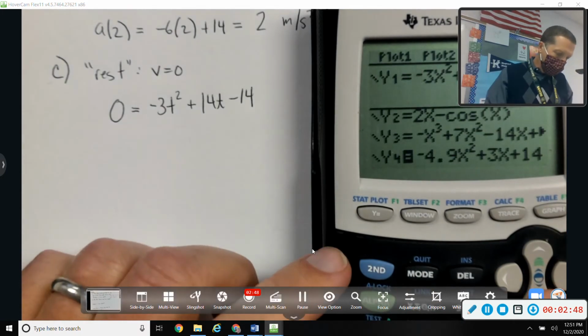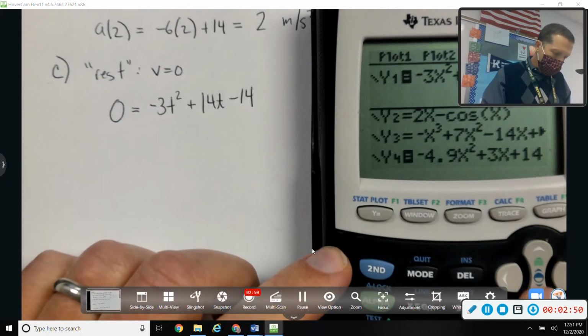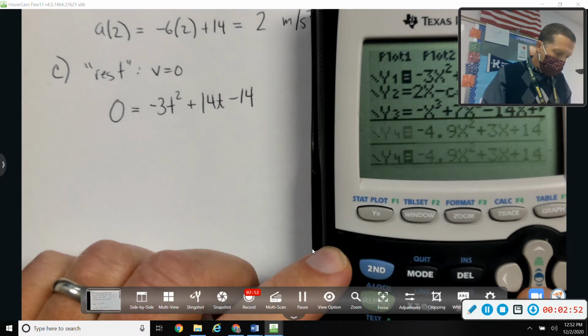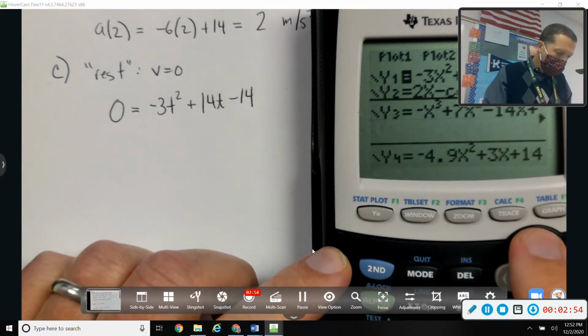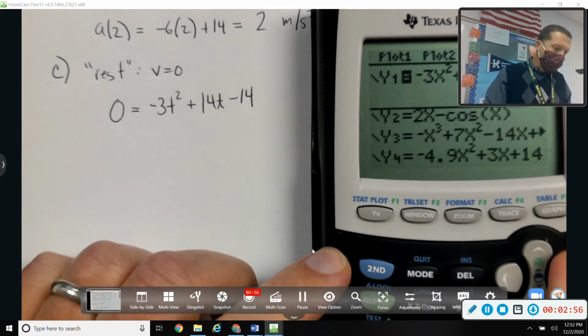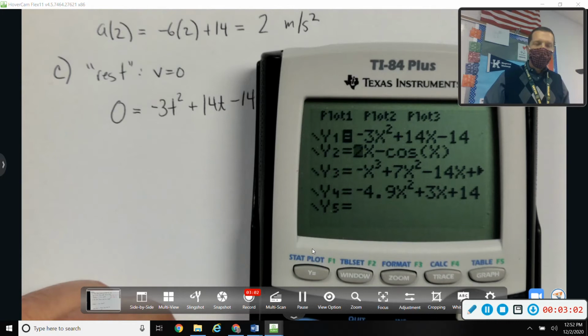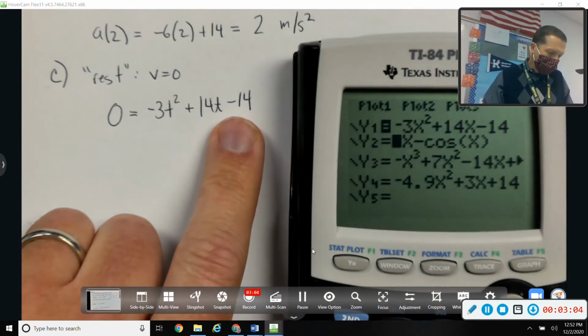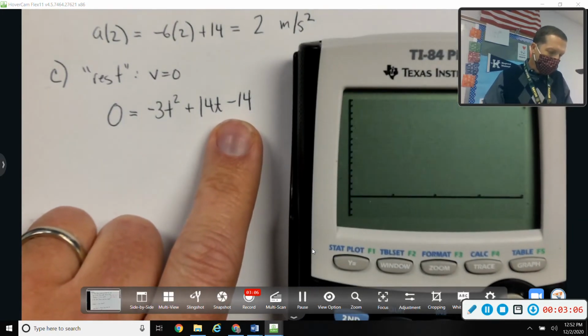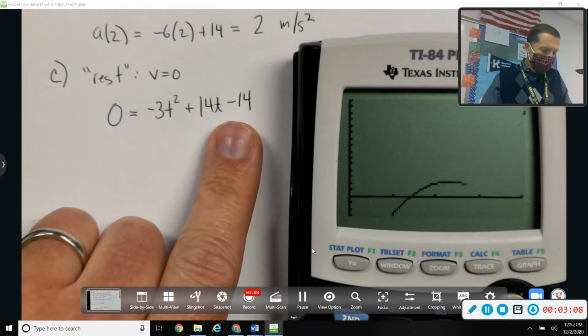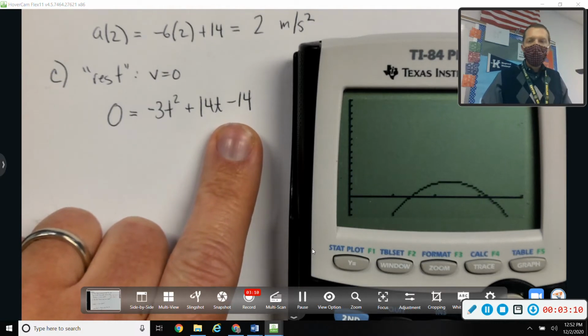So I'm going to go to the calculator and put in, again, I've got other equations up here for other stuff, but there's the velocity equation. Again, double check to make sure it's right. Graph it.